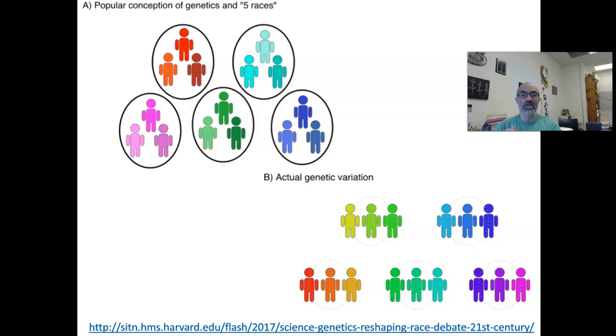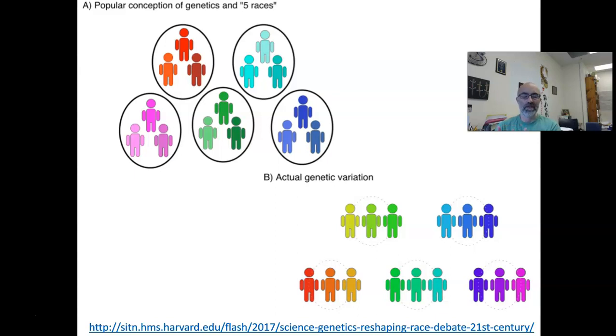Now there are some individual genes that do tend to vary among human races. But if you just take somebody's genetics, it would not be possible to put them into a race without seeing the person.